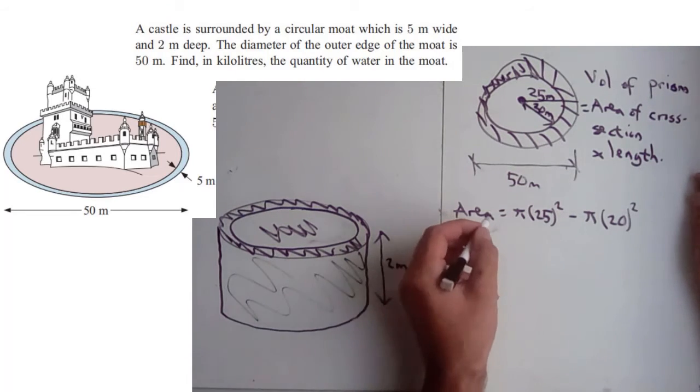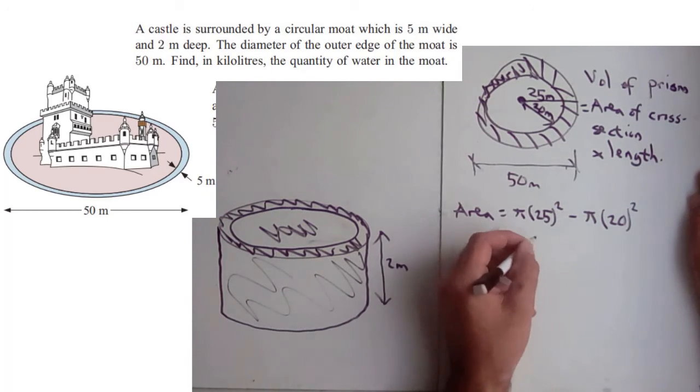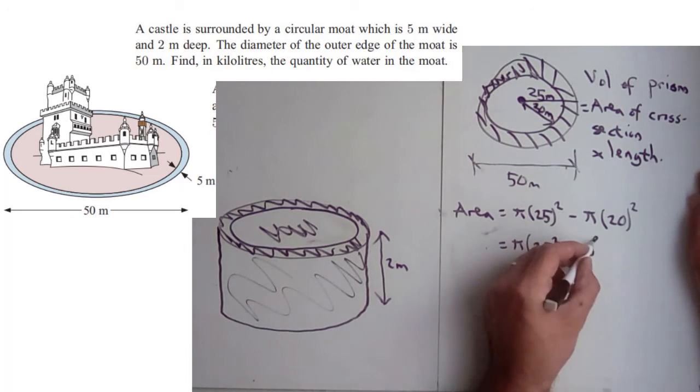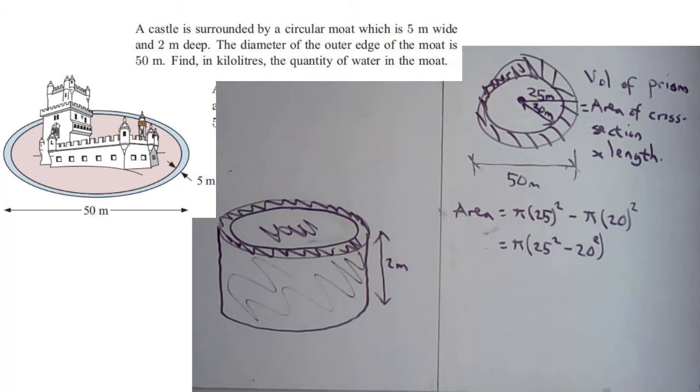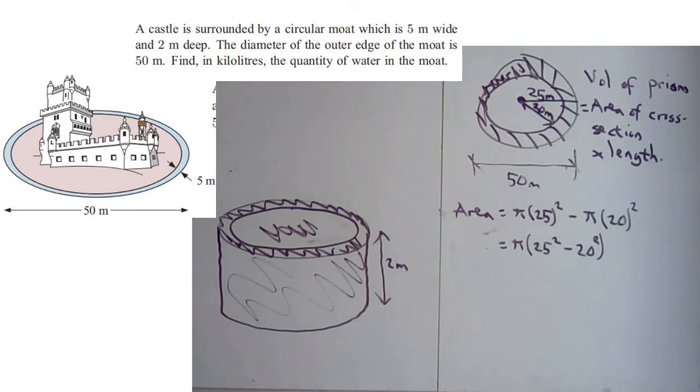So I've seen it in the algebra quite a lot on IGCSE papers. So you could say, well, that's pi times 25 squared minus 20 squared. Now I'm not going to go any further, but say these were letters, you might have to then form 2 brackets. Just remember, the difference of 2 squares is something that examiners love to test, and it comes up all over the place. But this is a calculator question.